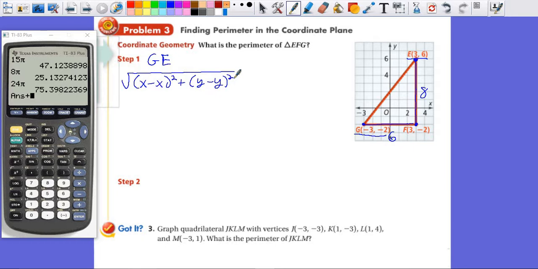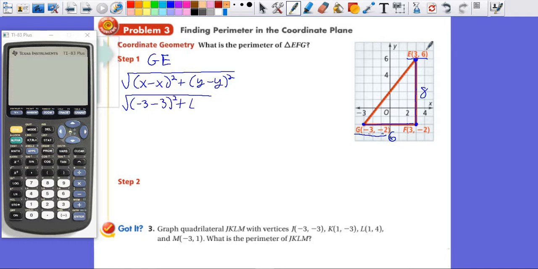So we just have to take whatever we get for G and E and plug that in. My 2 x's, we have a negative 3 and we have a positive 3. So we're at the square root of negative 3 minus 3 squared plus, and then my 2 y's are negative 2 and 6. So negative 2 minus 6 squared.